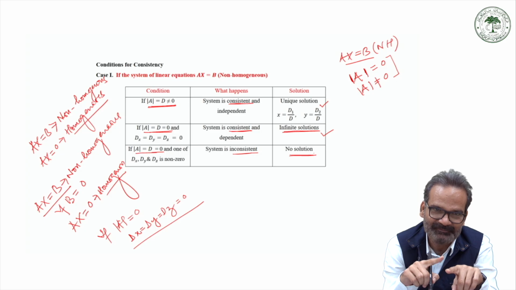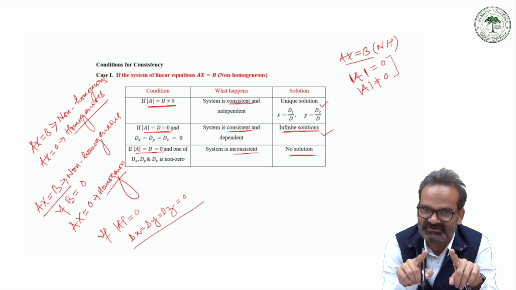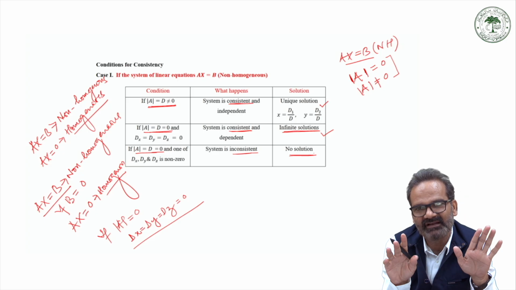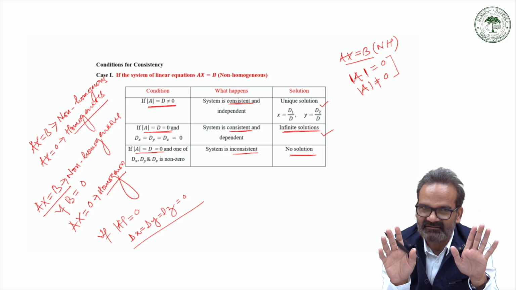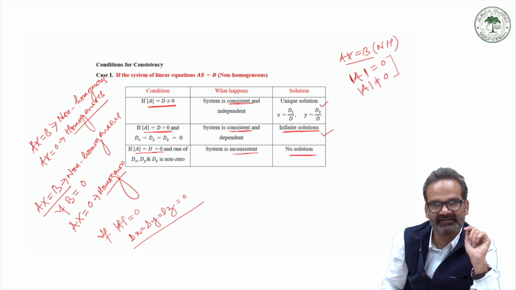And case 3, determinant of A is 0 and any one of dx, dy and dz is non-zero: then the system is inconsistent and it will have no solution. This is the requirement for a non-homogeneous system of linear equations.